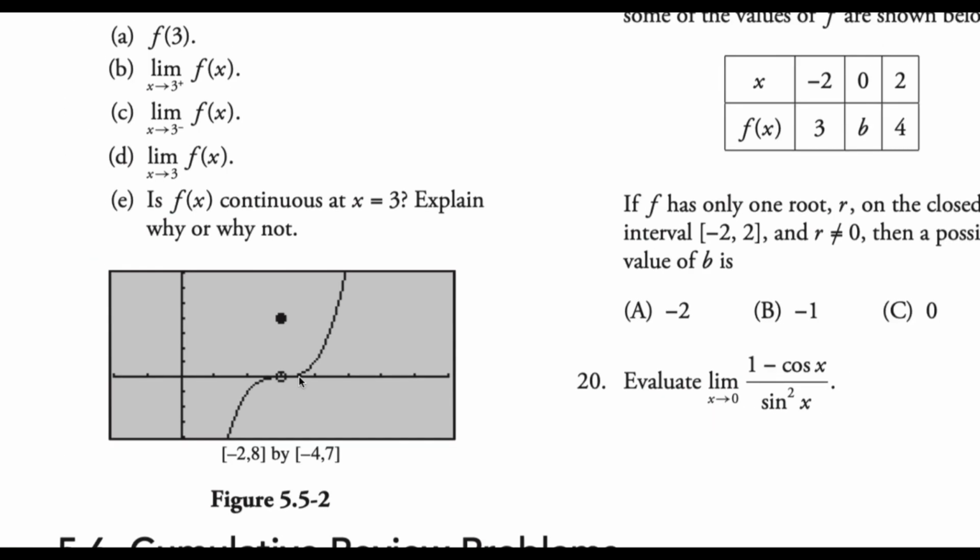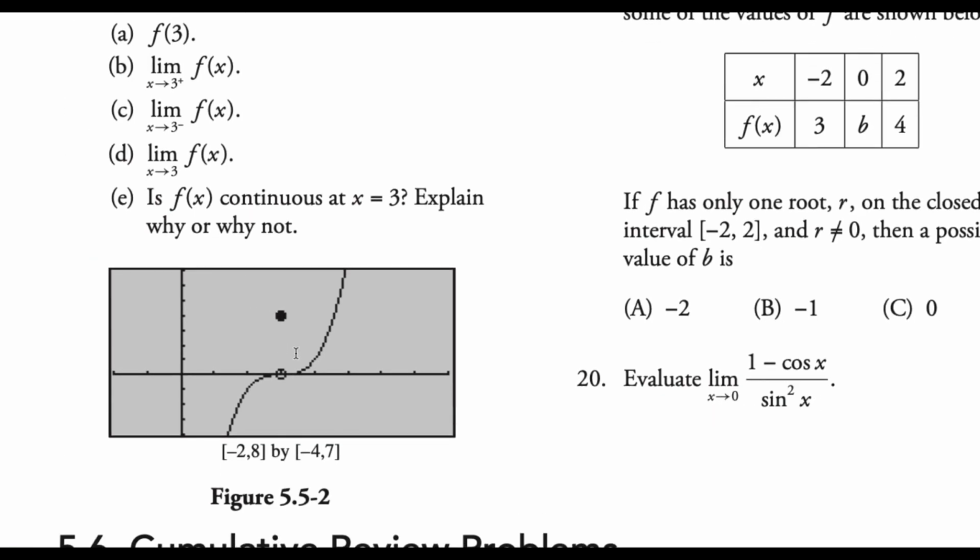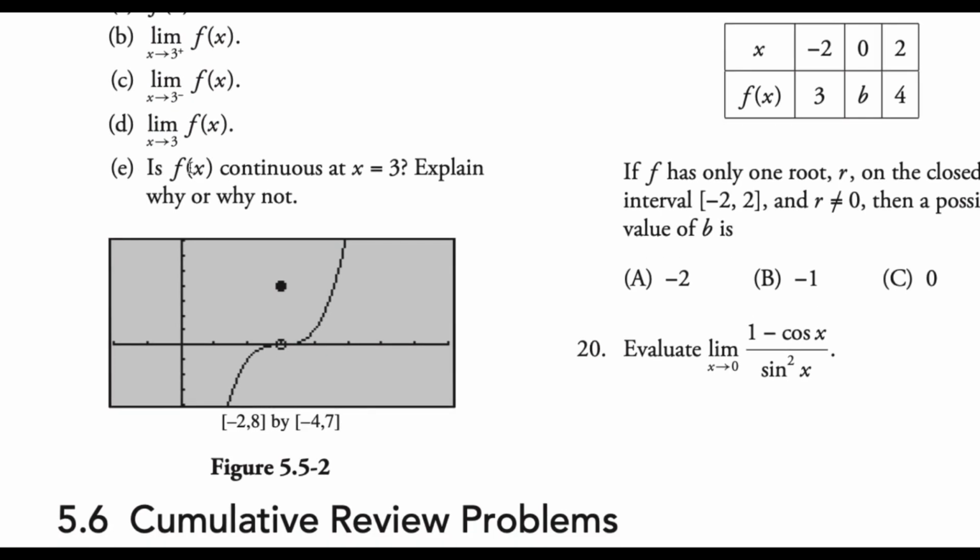So it exists and it is equal to 0. The answer for the three questions will be 0. And the last question is whether f(x) is continuous at x equals 3, and explain why or why not.